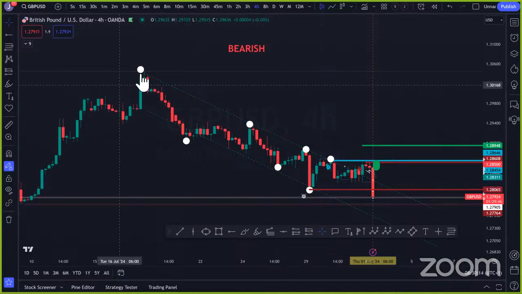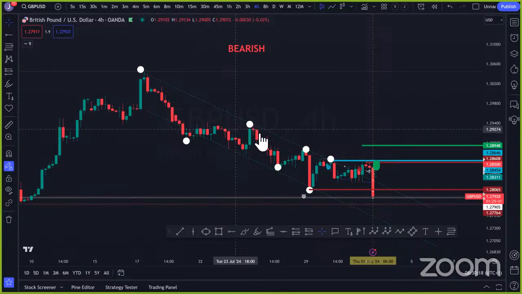This is a high, a lower low, a lower high, a lower low, lower high, lower low, lower high. Sorry, I was having a syndrome moment. So we're expecting to see a lower low. These dots are doing the same thing as if it was to draw a path.